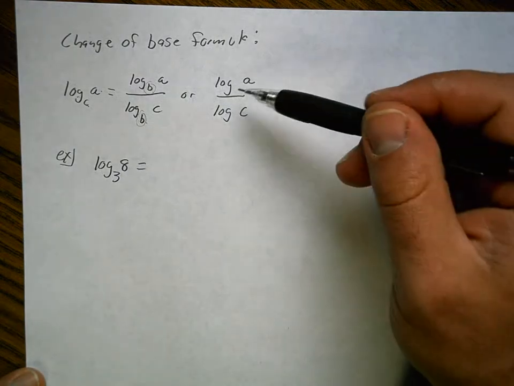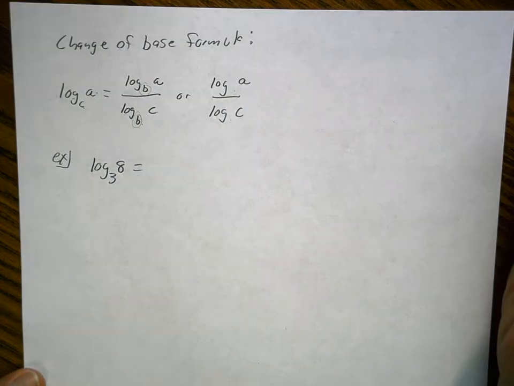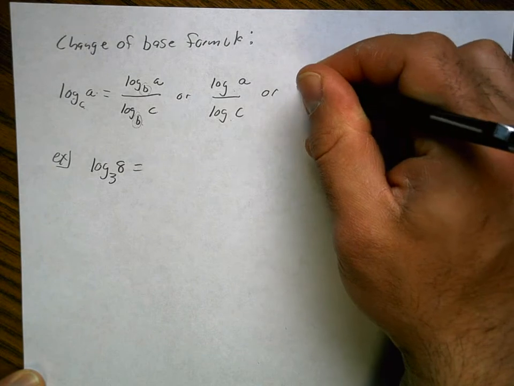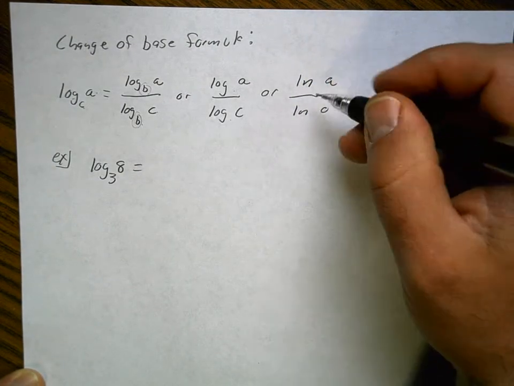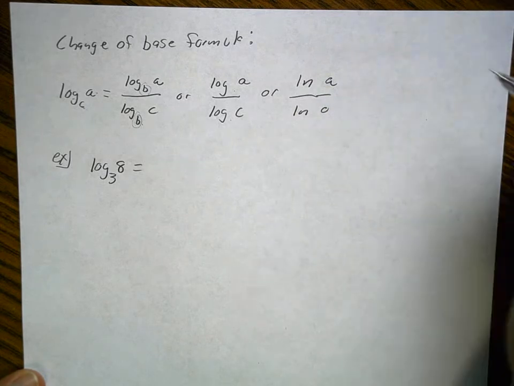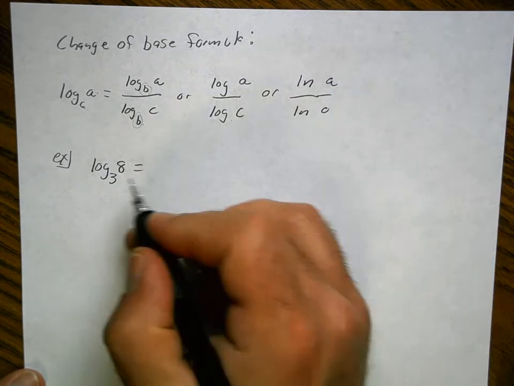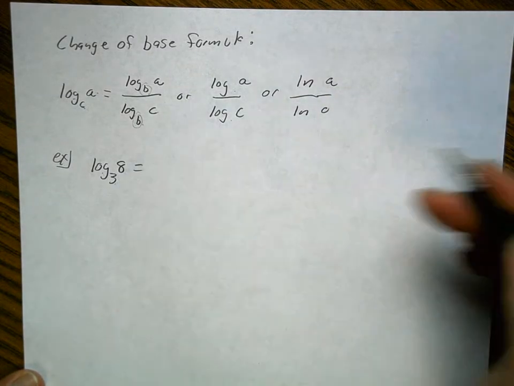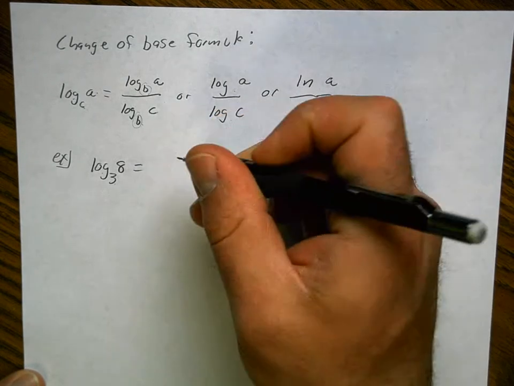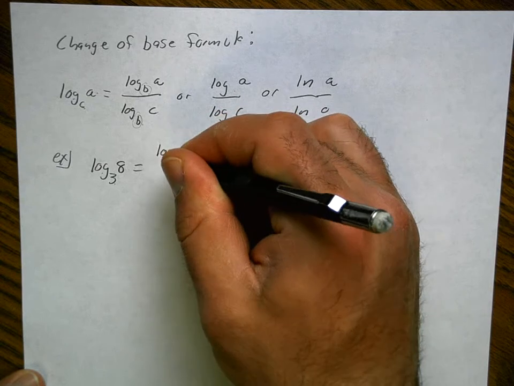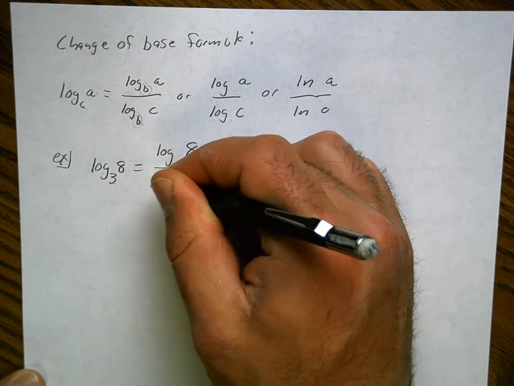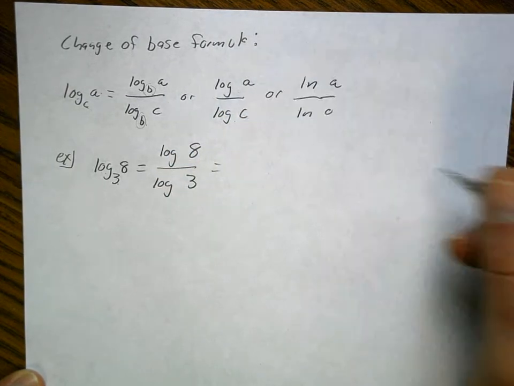Typically we would just use base 10, or we could use natural log, because these are the buttons we have on our calculator, log or natural log. So if I want to evaluate log base 3 of 8 on my calculator, I don't have a base 3, but I can take the log of 8 over the log of 3.